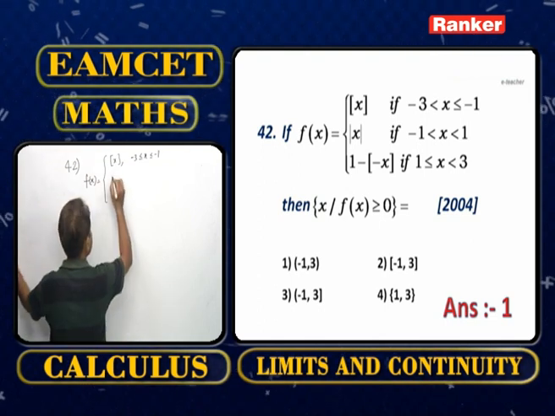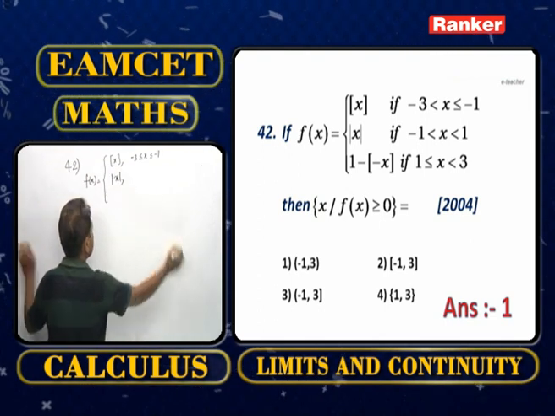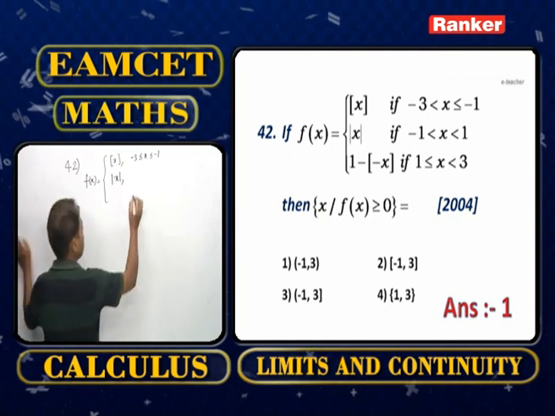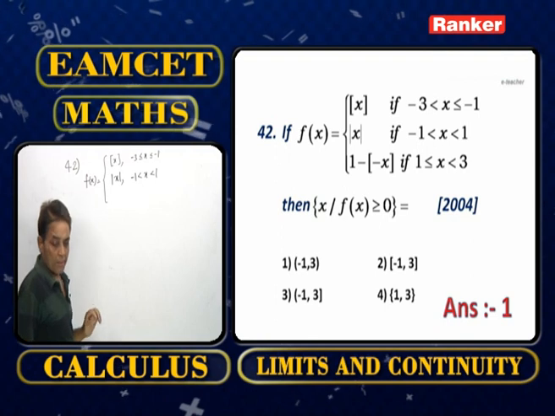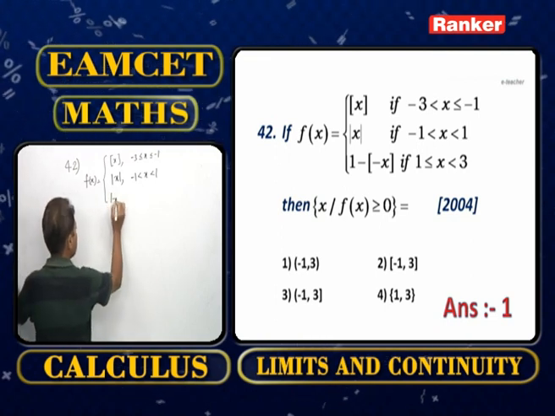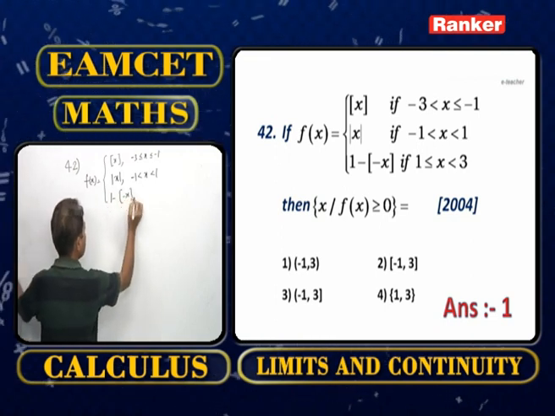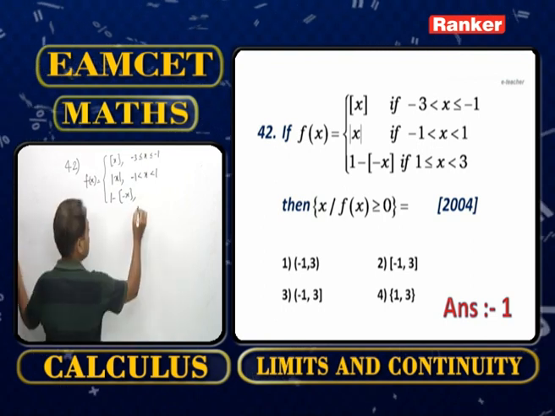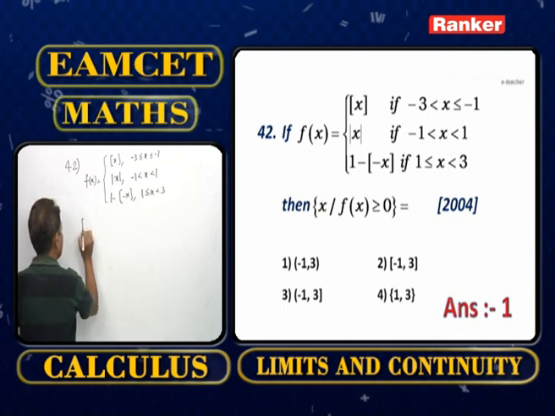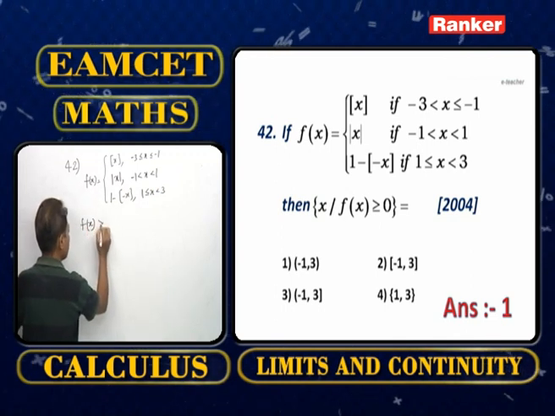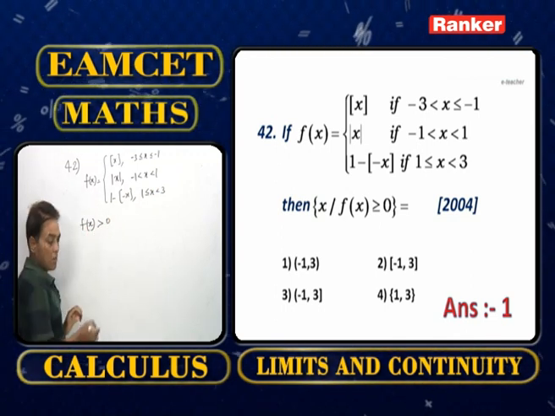Next, mod x, when x is from minus 1 to plus 1. And finally, 1 minus floor of minus x, from 1 to 3, 1 less than or equal to x. Now, the question is, f of x is positive for what value of x?